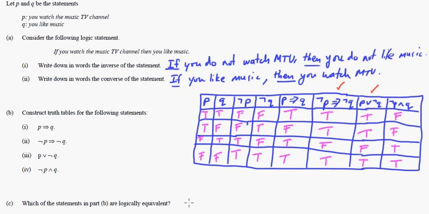Okay, so I don't know how they want you to write this. Well, statement 2 and statement 3, this was 1, 2, 3, 4. Or, I guess you could write it out: not P, then not Q, and P or not Q.